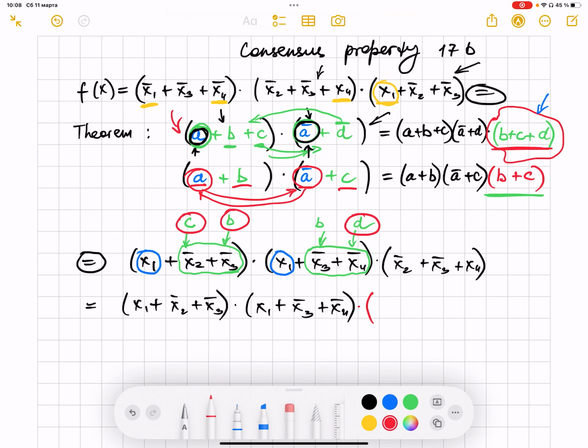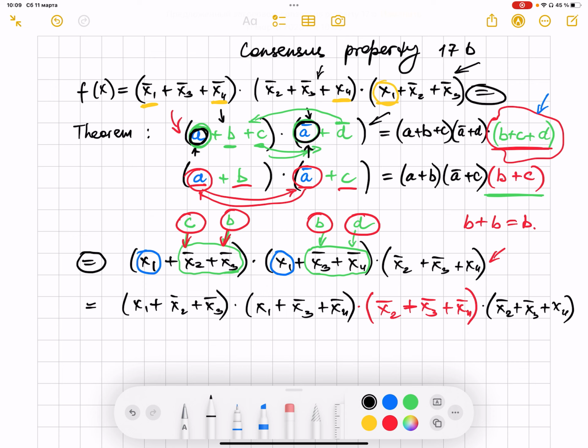I'm going to write b one time, because there's no point in writing b two times; b plus b is always b. So our c is x2 bar, our b is x3 bar, and our d is x4 bar. So I'm going to copy this one now. We have successfully used the consensus law.